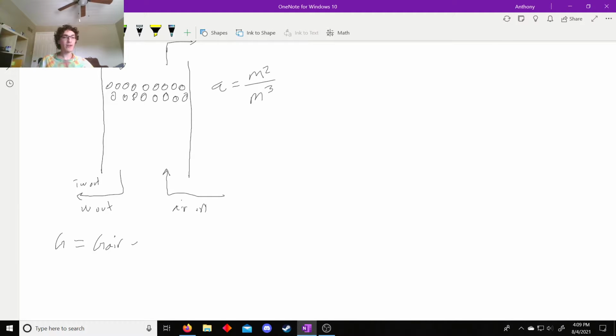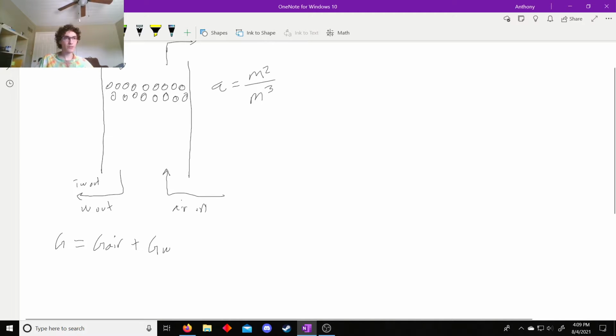But also in the air that's going in, there is some water vapor that is inside of the air. And we'll just consider this air to be from the environment. So the amount of water that's in the air will be the relative humidity. So this is going to be the gas flow rate of water as well. So these two together make the entire G.